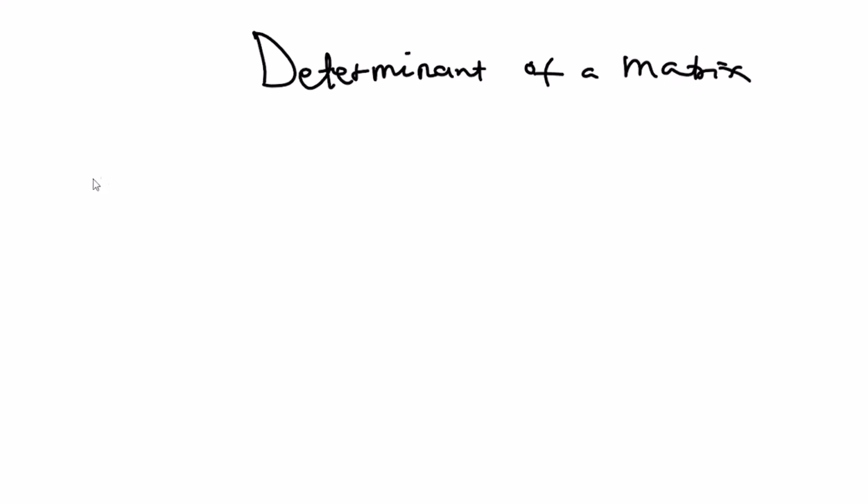First, we're going to talk about the determinant of a 2 by 2 matrix and also a 3 by 3 matrix. Now, to find the determinant of a 2 by 2 matrix, it's just given by the product of the leading diagonal minus the product of the off diagonal.